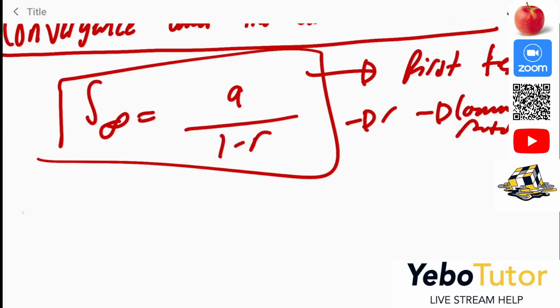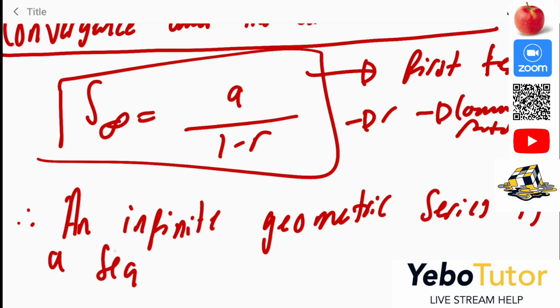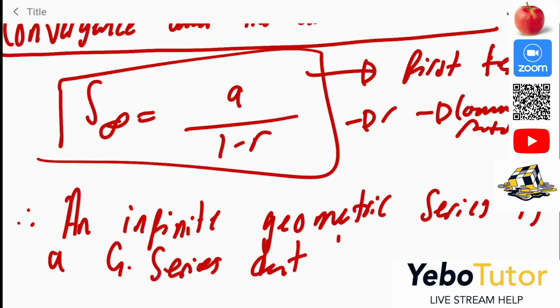So we understand that an infinite geometric series is a geometric series that has no last term.